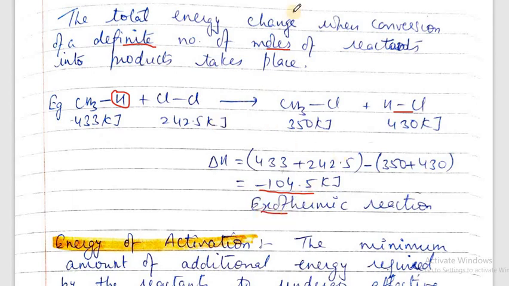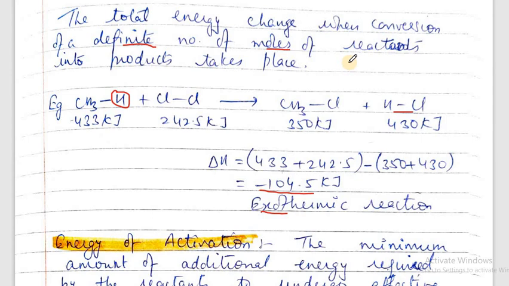So the total energy change when a number of moles of reactants react to form products is called enthalpy of reaction, and that can be positive or negative. That is, the reaction can be exothermic or endothermic. And how are the various reactions shown diagrammatically, or what are the energy profile diagrams?